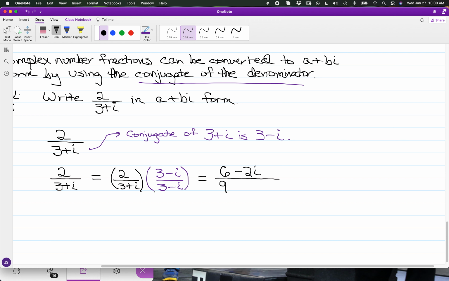Now again, the outside and inside products are going to cancel each other. Outside, we'll have the subtraction of 3i. And the inside product we have 3i, and the last product we have negative i squared.